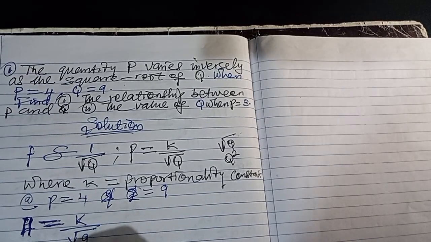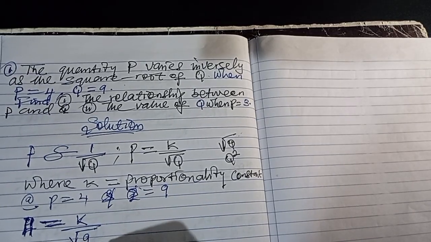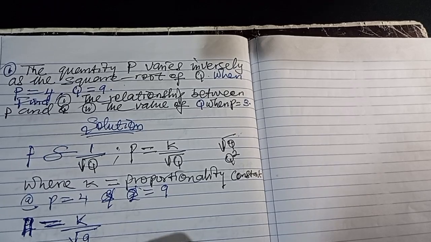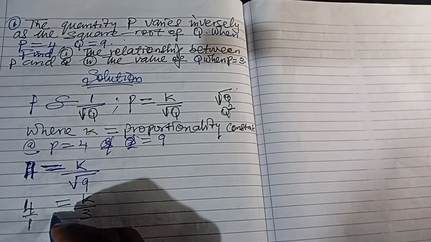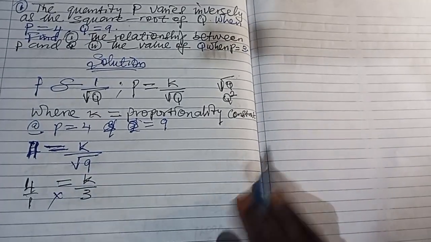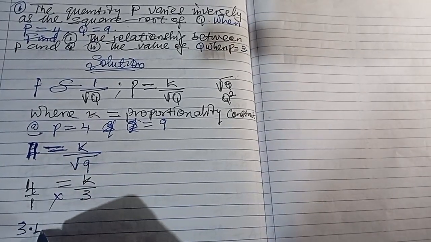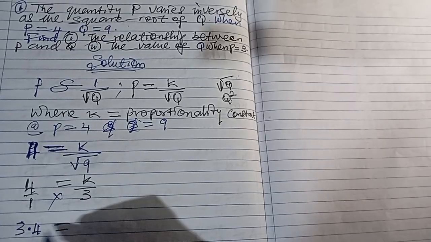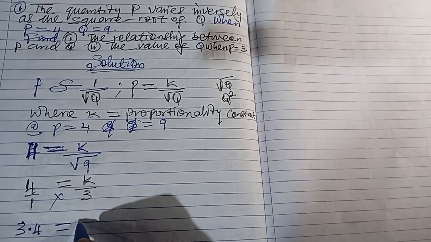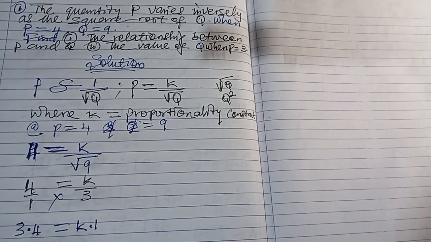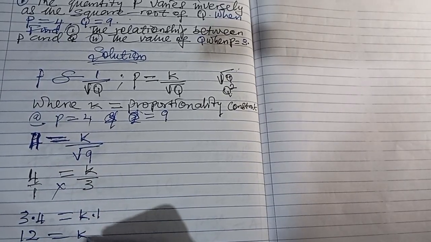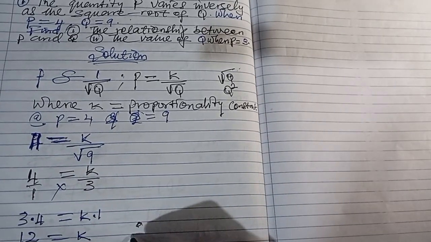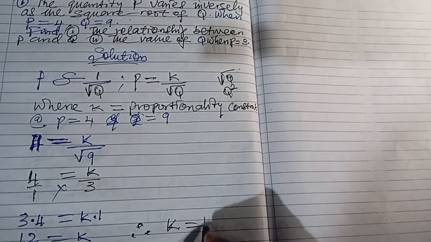Square root of 9 is 3. There is an invisible 1 here, and we can easily cross multiply. When we cross multiply, we have 3 multiplied by 4 is equal to k multiplied by 1. Okay, so 12 is equal to k. Therefore, the value of k is equal to 12.